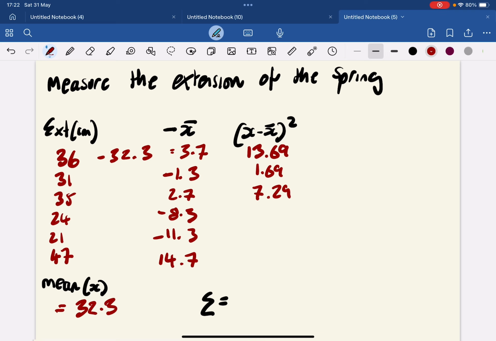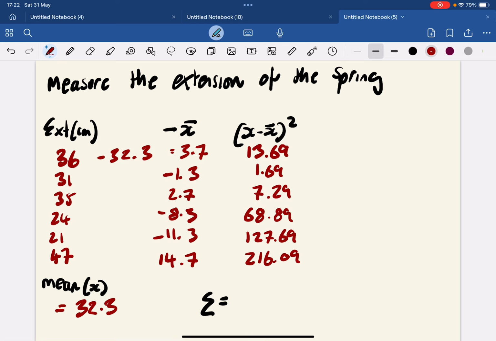It does take a while, and it's important that we double check all of our answers all the time, just to make sure we don't make a mistake, because we're dealing with a lot of numbers, and some of them aren't easy numbers. They're going to have decimal places and all sorts.